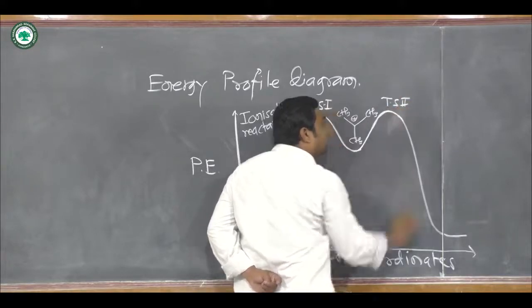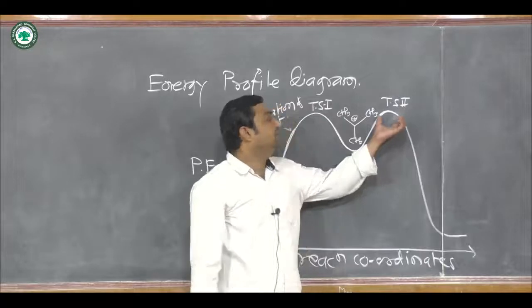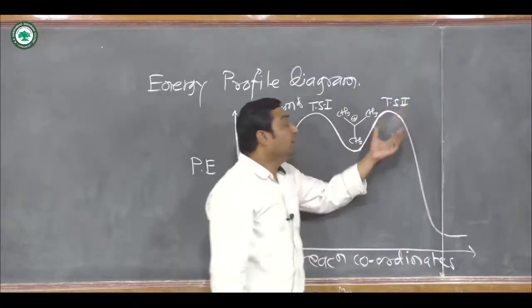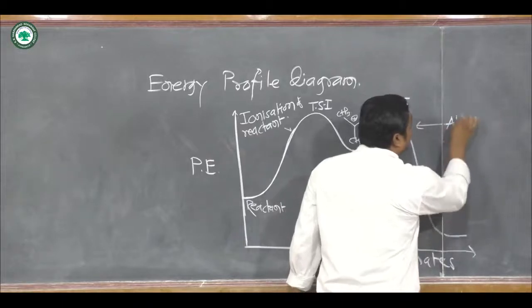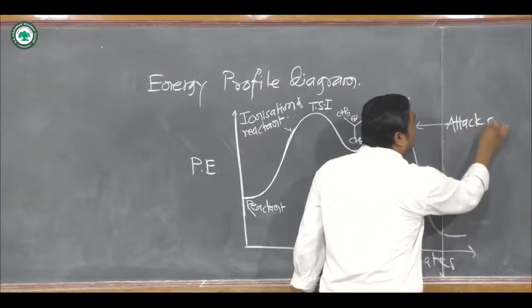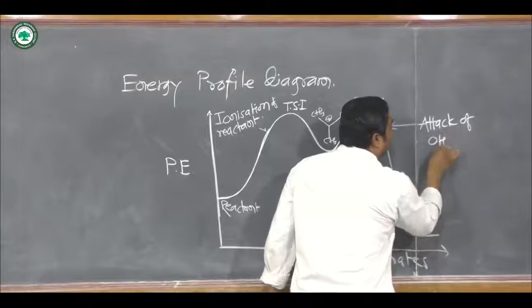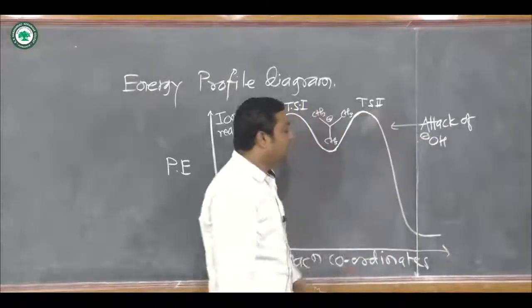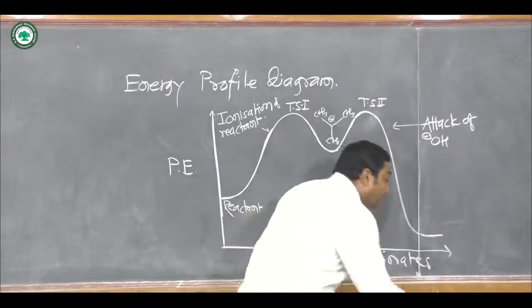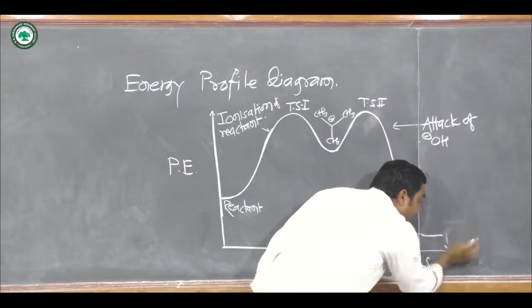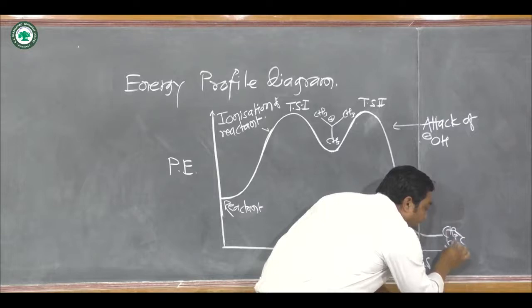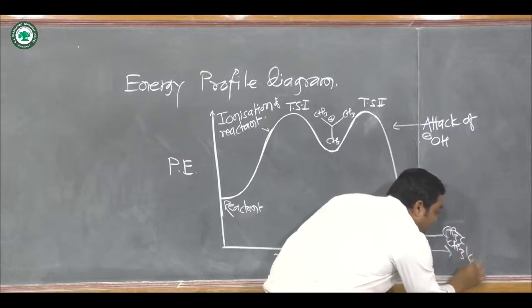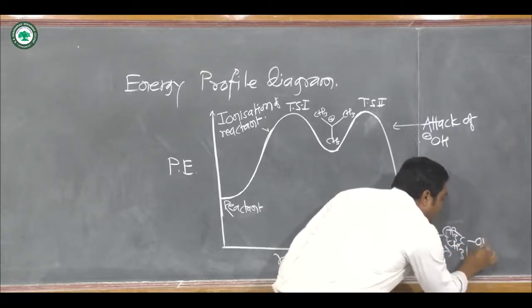After it achieves the transition state 2, the attack of nucleophile, that is attack of OH negative, starts here, and we obtain the product which is nothing but tertiary butyl alcohol.